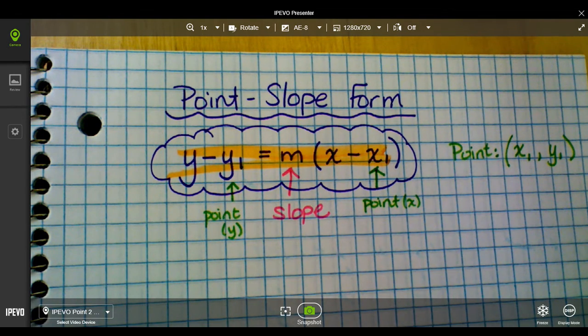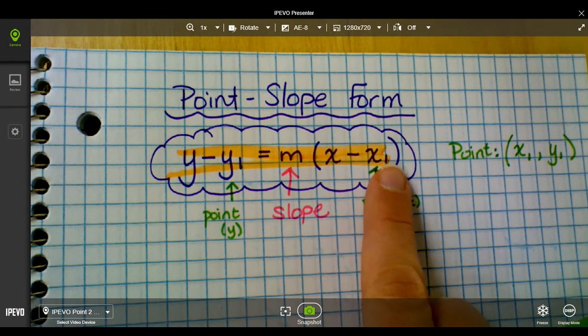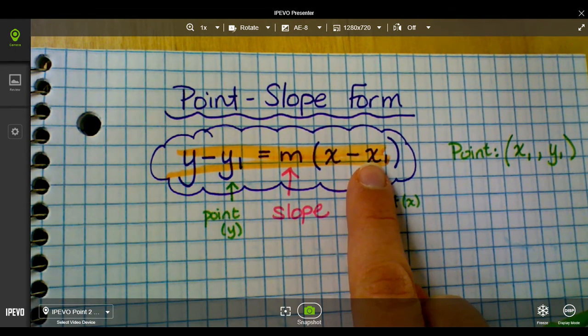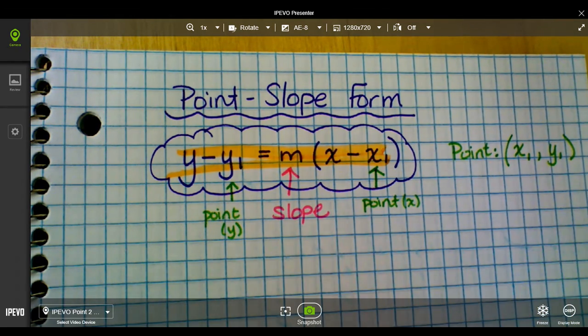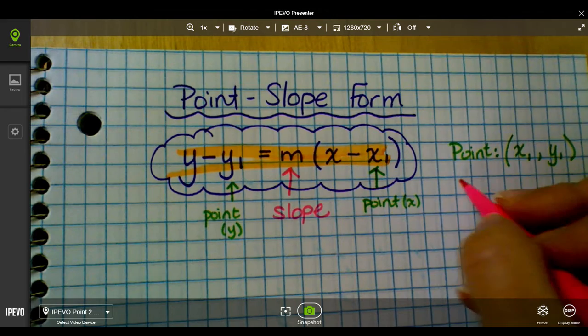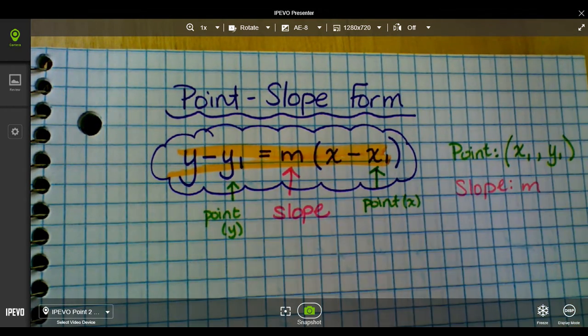That's just how the formula works. So whenever you take out your point from here, it's always going to look opposite of what the actual number looks like over here. So if I was subtracting 2 over here, I would actually be pulling out a positive 2, and you're going to see what I mean a little bit more once we actually get going. And then obviously your slope is still going to be m. Your slope is always m.